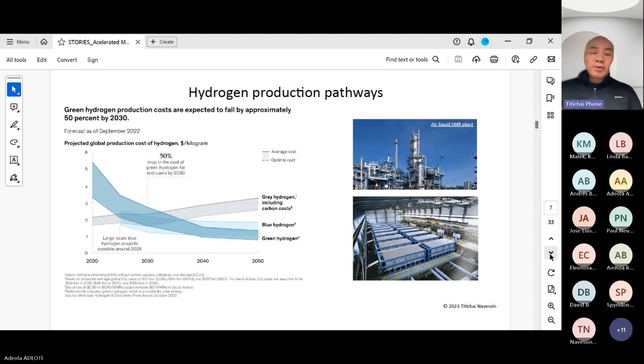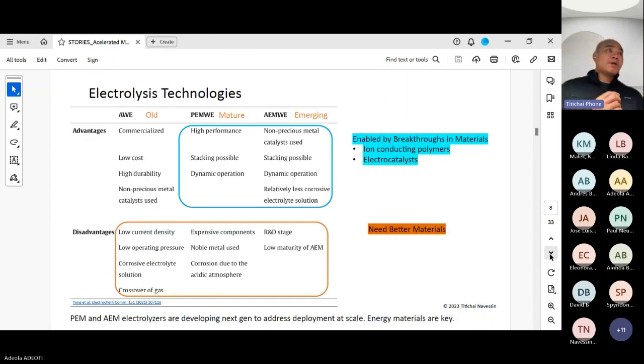I'd like to talk about electrolysis technologies. There are currently three in the pipeline that we can realistically deploy. The alkaline water electrolysis, AWE, is an old technology with the advantages and disadvantages as outlined.